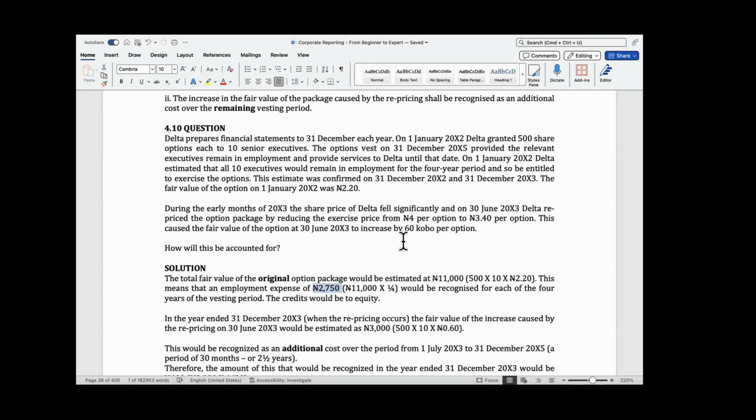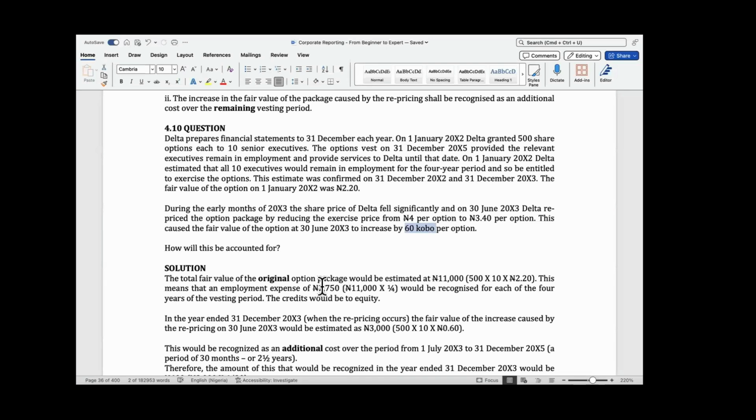However, remember, there was a repricing on 30th June 2003, which resulted in the increase in the fair value of the option by 60 kobo. This one also, we are going to deal with it separately.